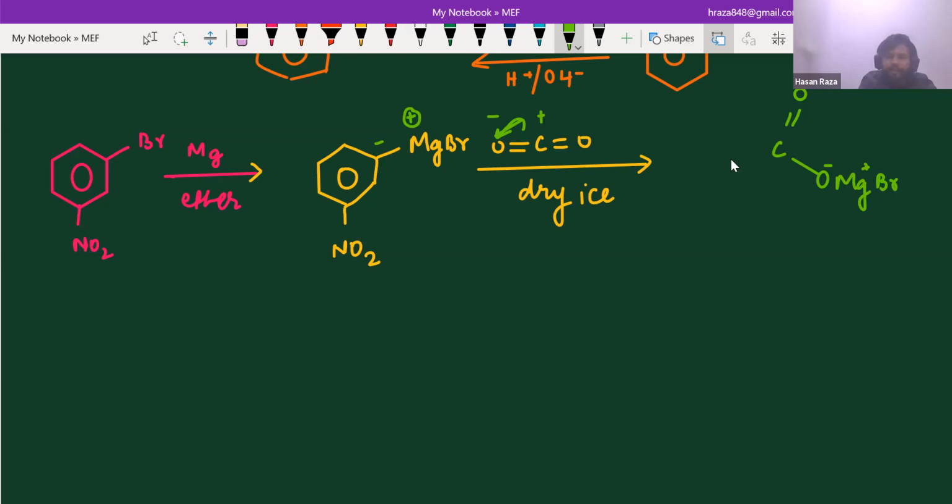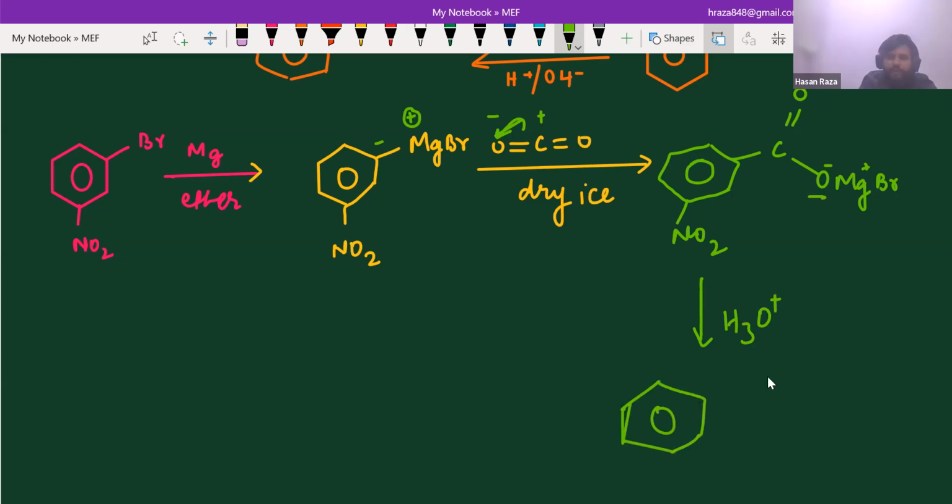And with this, the benzene ring will come like this, and there was NO2, so it will be written like this. After this, you are going to do the hydrolysis part. That means H plus will go with this O, and you will get C double bond OH, and NO2 was there.